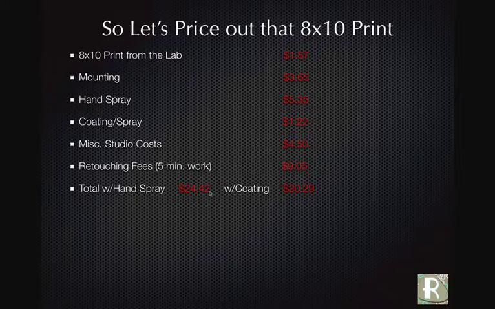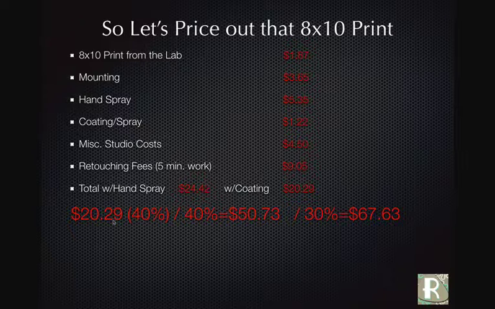Now, this is where you figure out where you want your cost of goods to be. If we had a 40% cost of goods, we would divide the cost of that total print by our cost of goods.